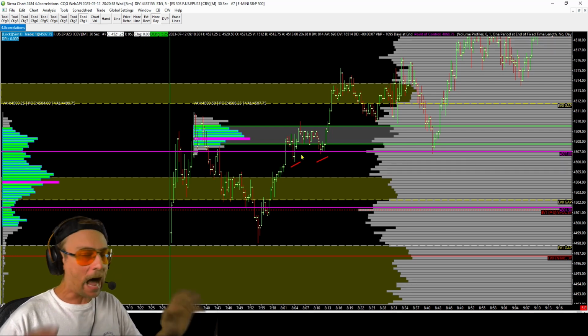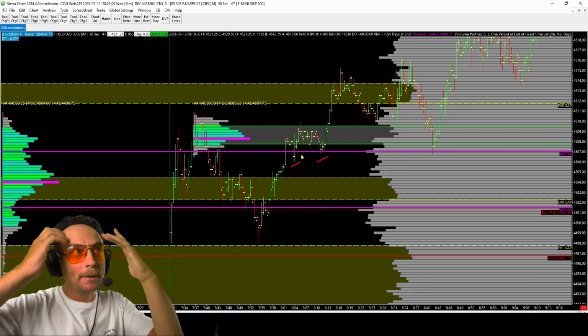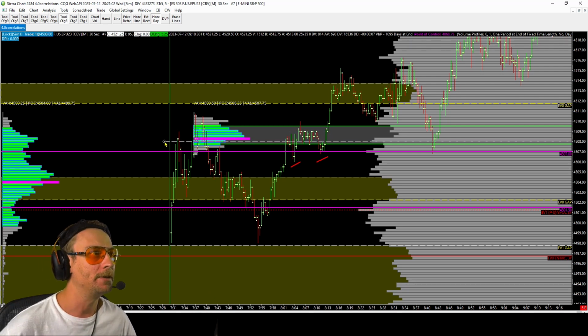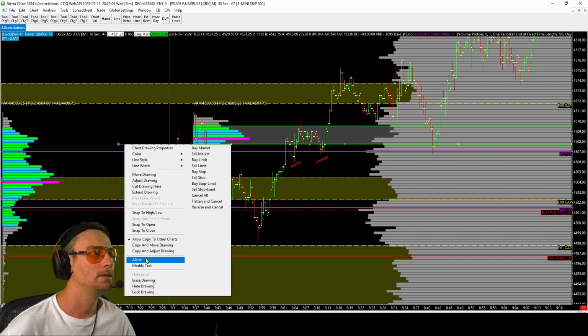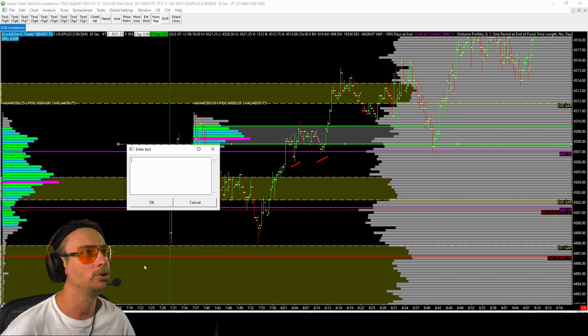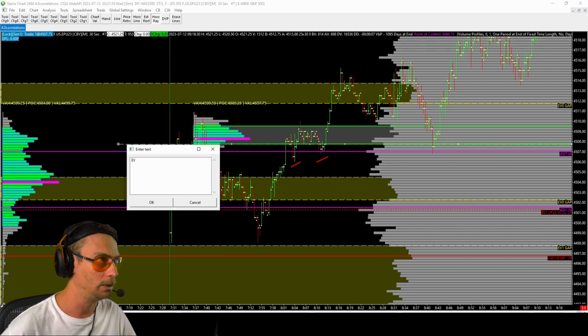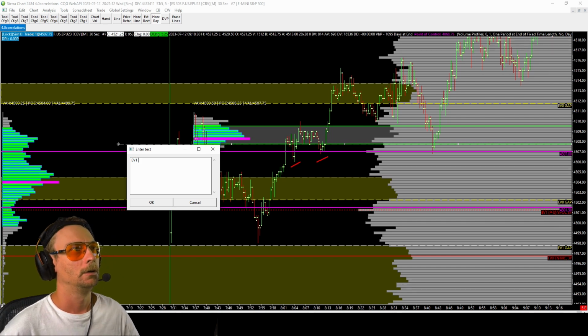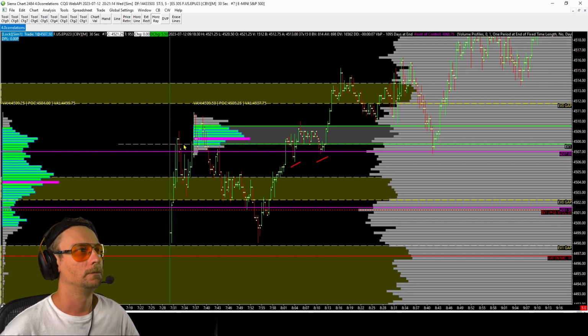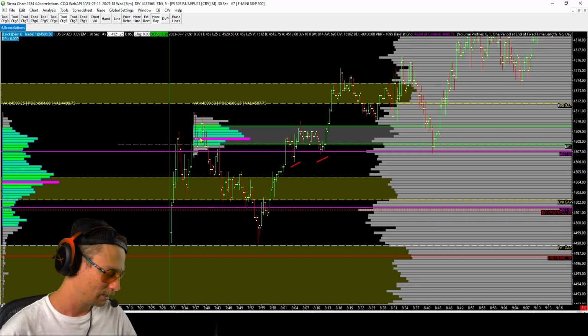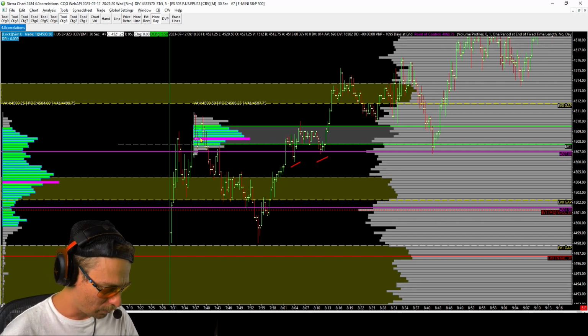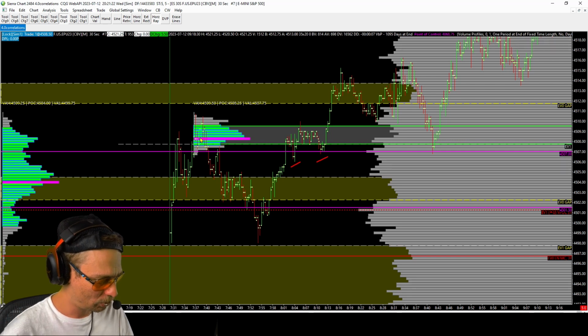I'm doing this intraday, but there's a quicker method. So instead of drawing everything I'm doing right now, this little micro range is less than 10 minutes. So you don't want to put a lot of weight on it.